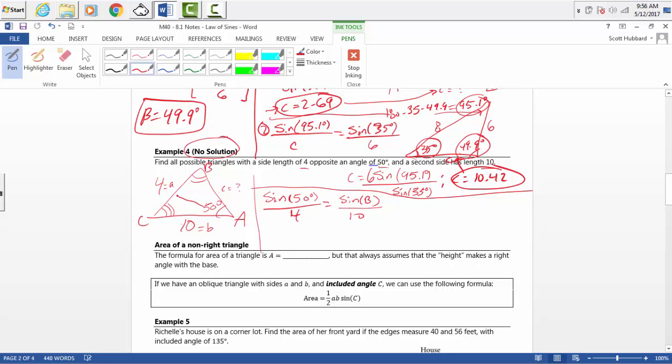Remember, these go here and here. Okay, so then you cross multiply and you're left with 10 sine 50 divided by 4 is going to equal sine b. And then you take sine inverse of both sides.